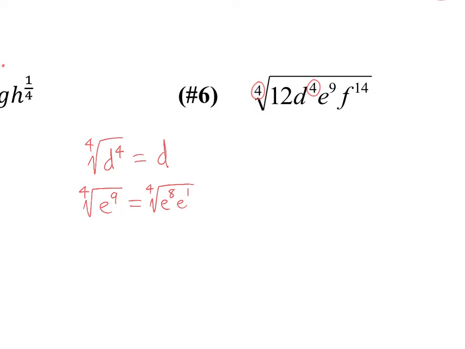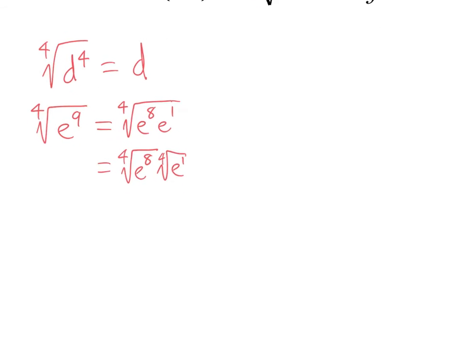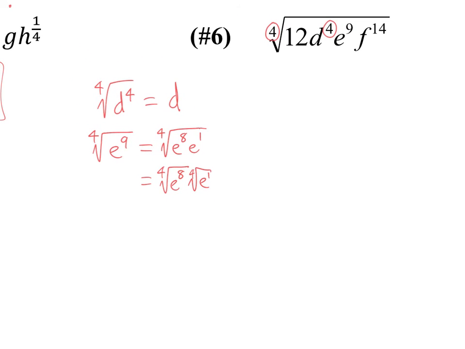And if I do that, let me write it down here actually, because now if I split this up, well, if we do e to the 8th to the 4th power, what's 8 divided by 4 going to be? Well, 8 divided by 4 is 2, so this one comes out to e squared. Do you see what we did there?